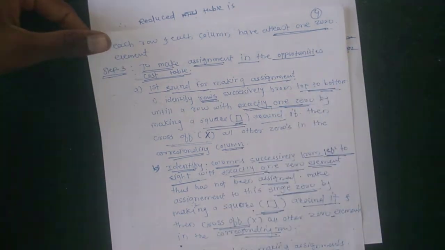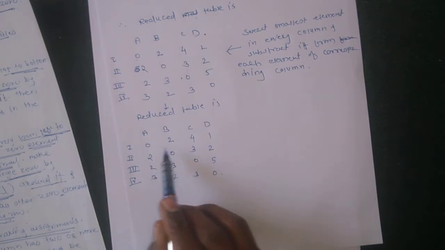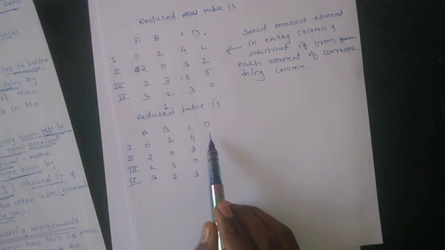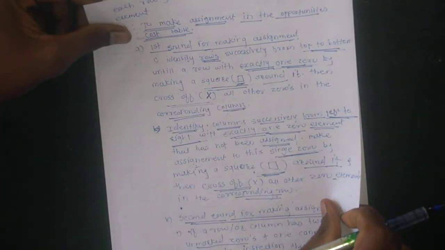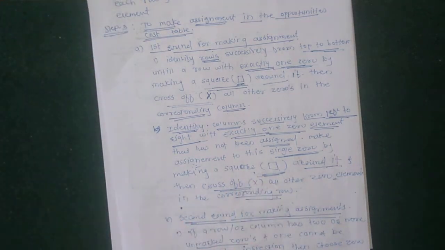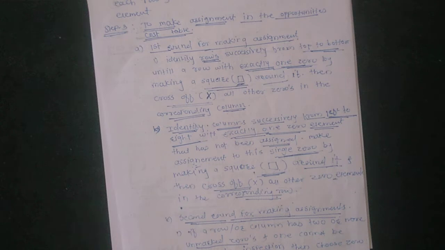Each column and each row have at least one 0 present in this. Here every row and every column contains at least one 0. So the next step is to make the assignment in the opportunity cost table.